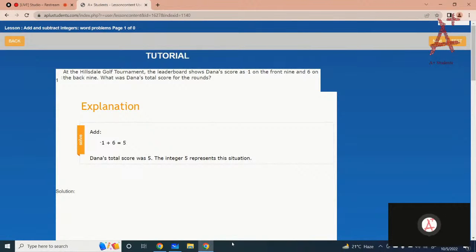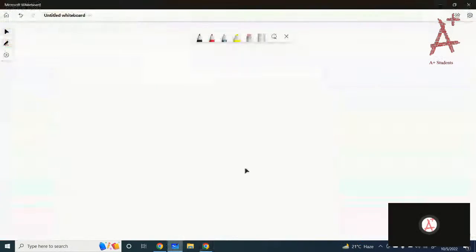What was Dana's total score for the rounds? Got it? So it is negative 1 and 6. You have to calculate the total score. So negative 1 plus 6 is 5. Got it?